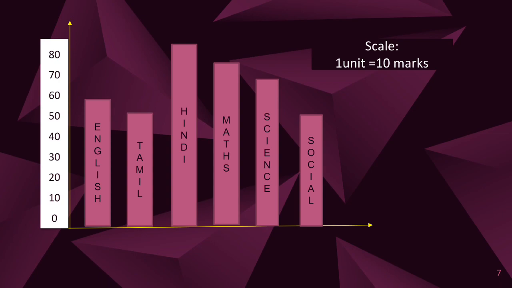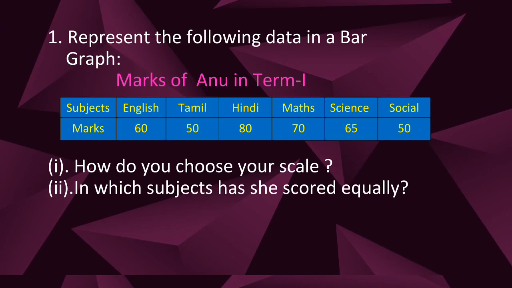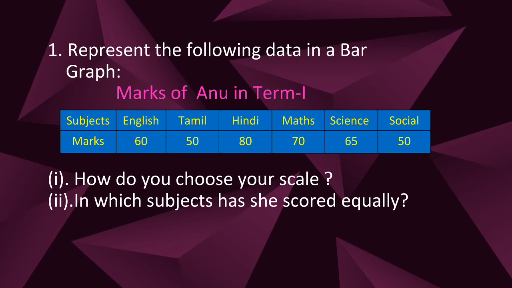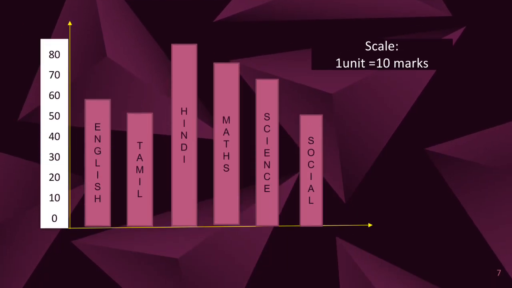First you have to write the marks starting from 0 up to whatever you need. Then you have to mark each subject in the bar graph. First one, you have English 60. So draw a bar straight to 60. From 0 to 60 you have to draw your bar.